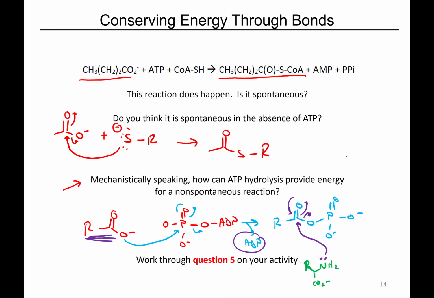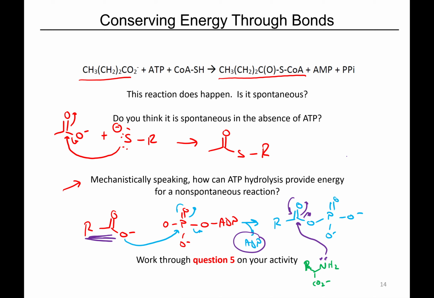Okay, so both of these steps are reasonably straightforward SN2 type chemistry. You have a nucleophile, it attacks a carbonyl, we form an intermediate. We have a nucleophile, we attack a carbonyl, we release phosphate.